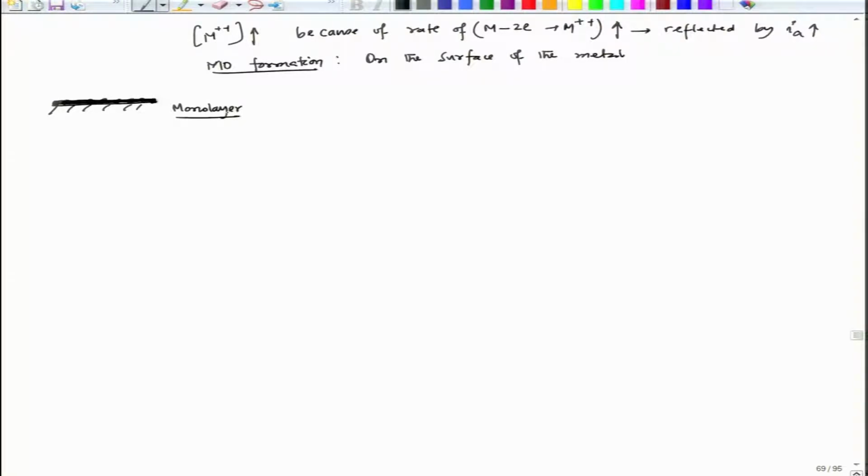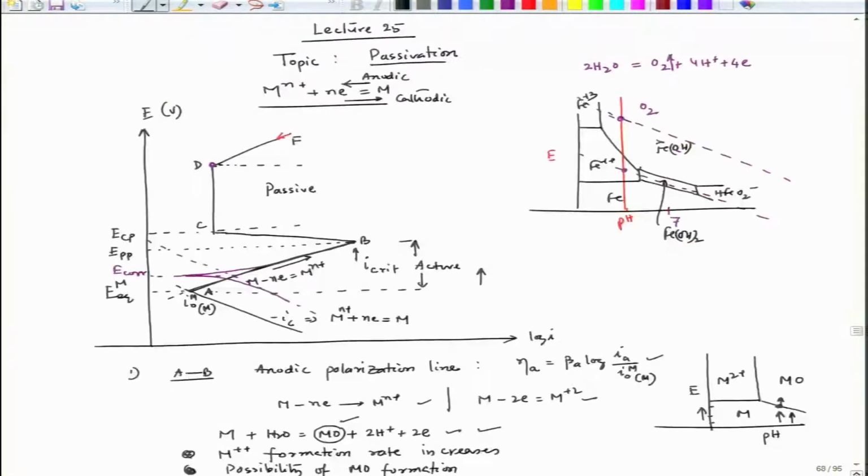So, when it is in the beginning of formation, I can assume that at a fairly large potential, we can start forming this in higher amount. At the same time, there could be metal oxide formation because of another reaction. So, this reaction is also possible, so metal oxide is also forming.